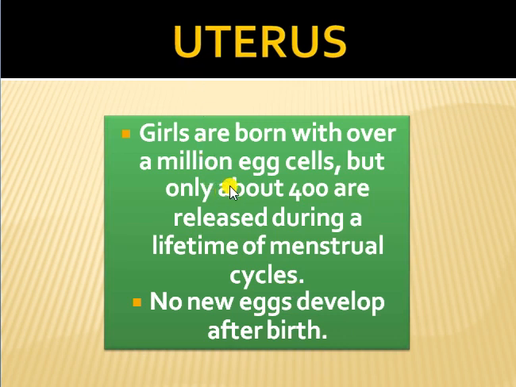Here the point is that after birth 1 million egg cells are present in the ovary, and of them only 400 eggs are released.